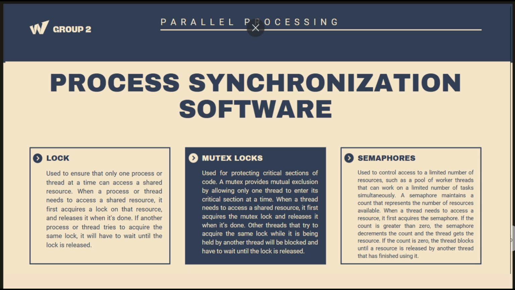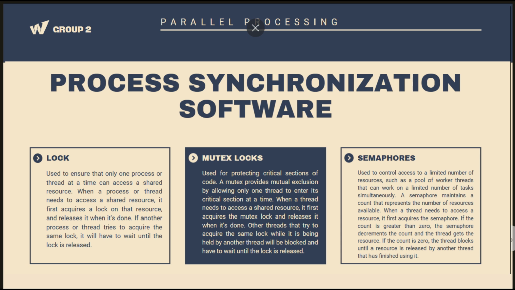If another process or thread tries to acquire the same lock, it will have to wait until the lock is released. So the main purpose of this lock is to secure the shared resources so that no other process can interfere.